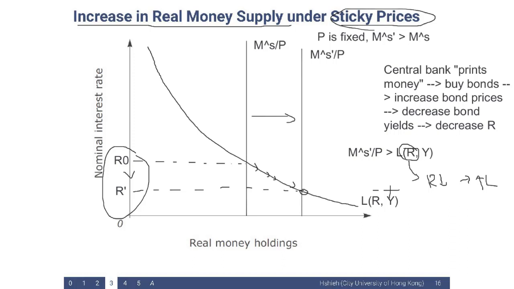L can only increase if R decreases, because there's a negative relationship between L and R. So here we must have R decrease so that L can increase to the level it was before that clears the market, right? And this is exactly what we see here, right? We see R now decreasing to R prime.